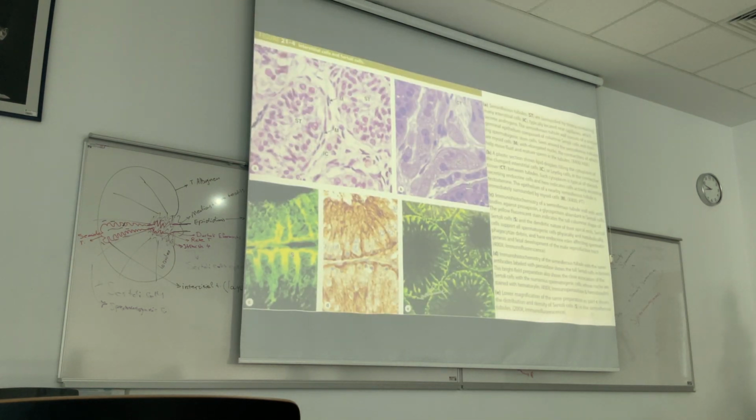Here we can see different shapes of the seminiferous tubules. You can see the seminiferous tubules in this part and different cells in the wall structure. What do you think about these cells? These cells are our Leydig cells present in the interstitial area, and because of the high amount of lipid droplets in their cytoplasm, you can see foamy structure.